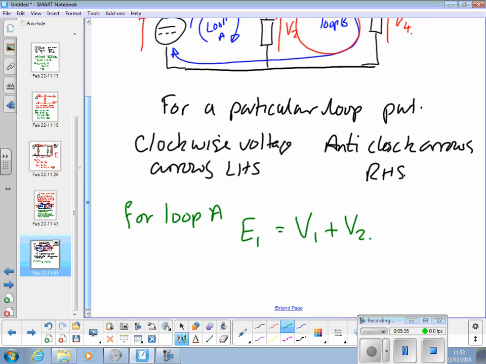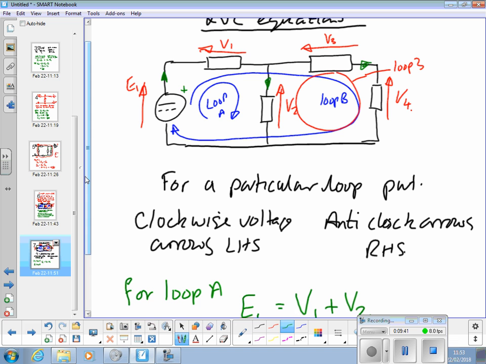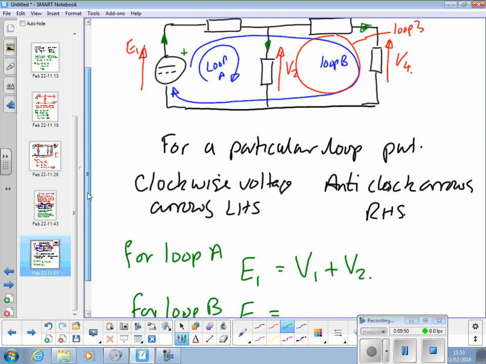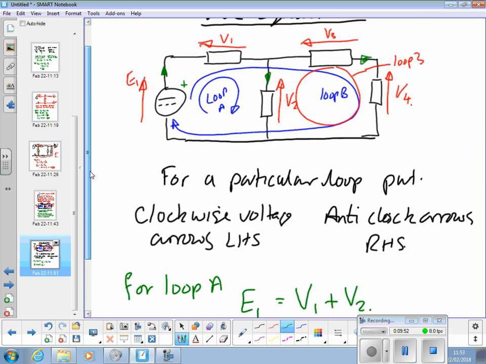For loop B, this is the one all the way around the outside, we've got E1 is equal to V1, V3 and V4.